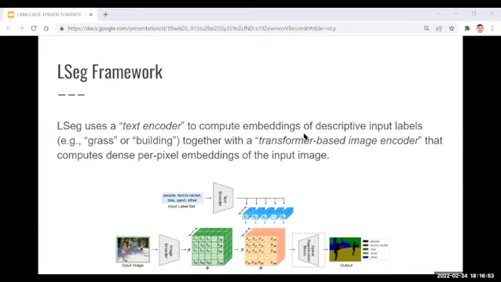There is a text encoder where the text is coming in, and there is an image for which embeddings are also generated. Then the idea is to have them in a common space and finally assign the closest label to the pixel. We will decompose this diagram block by block and study each of them as we move forward. This is at a high level.